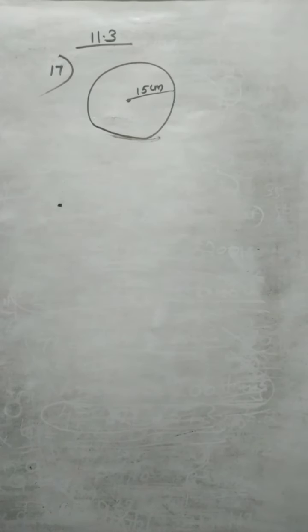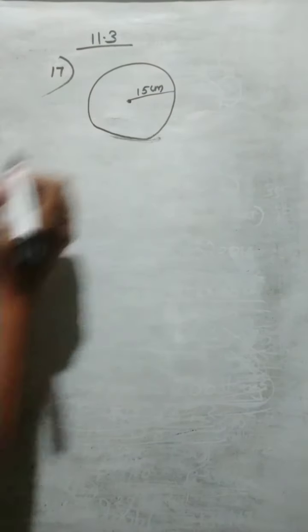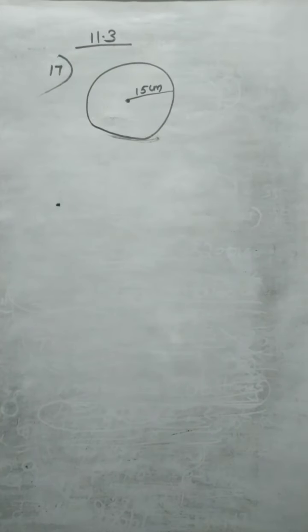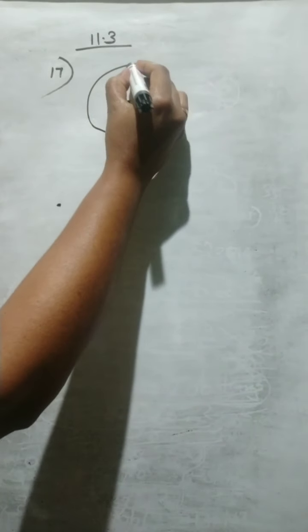Question number 17. The minute hand of a circular clock is 15 centimeter long. So the minute hand is from here, the center, to here, that is 15 centimeter. How far does the tip of the minute hand move in 1 hour? To complete 1 hour, this minute hand will be here.